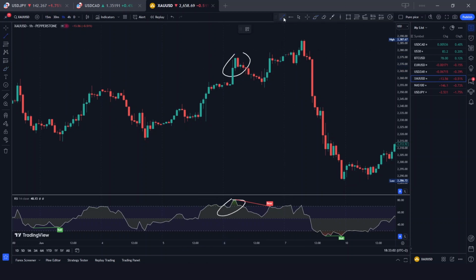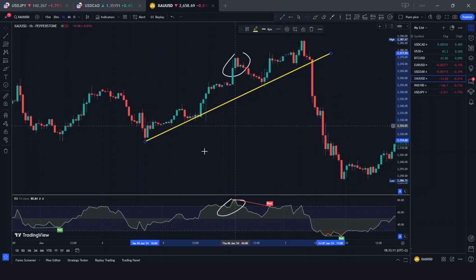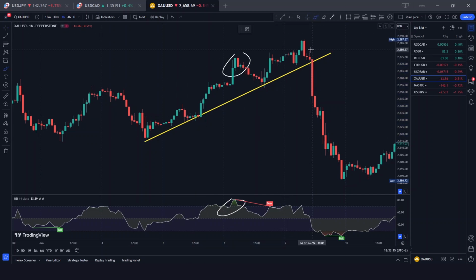That can be by means of a breakout. For example, in this case, we have this flow going up here, and then we can see that this smaller trend gets broken after this huge candle came in. So there was a breakout here.